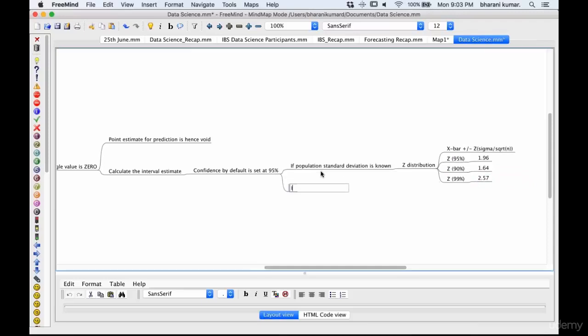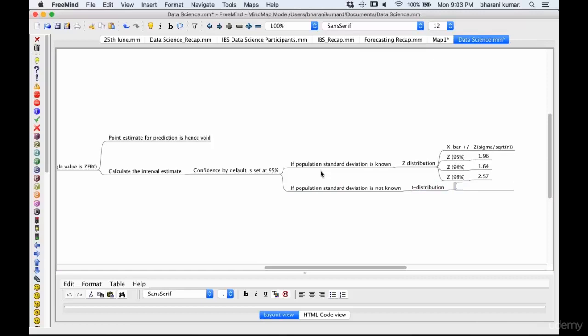If population standard deviation is not known, then we resort to T distribution. And here the formula is X bar plus or minus T value multiplied by S over square root of n.